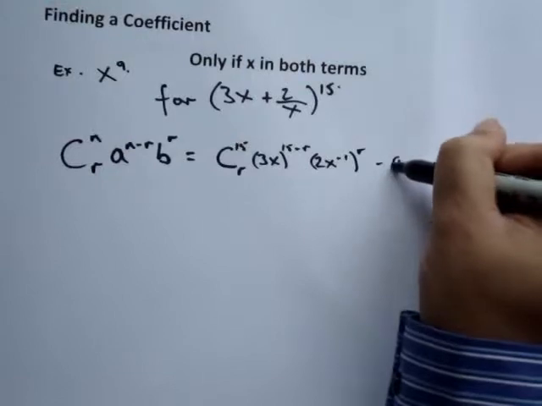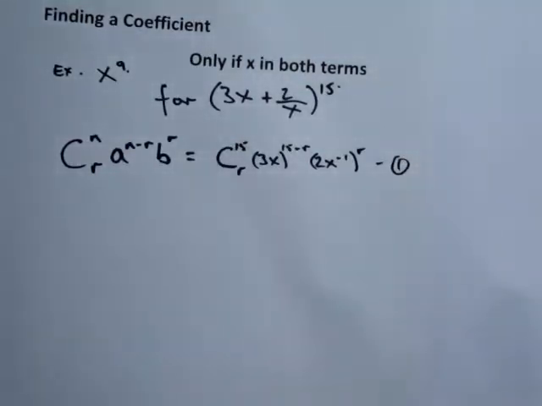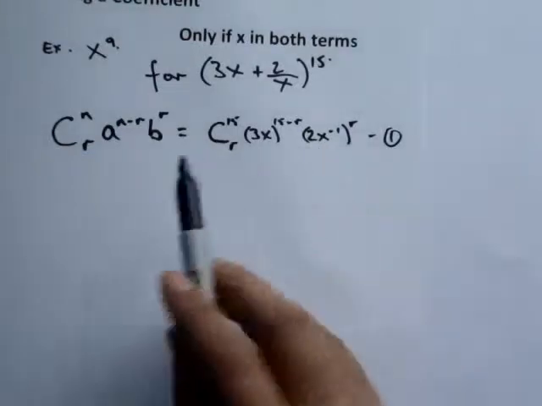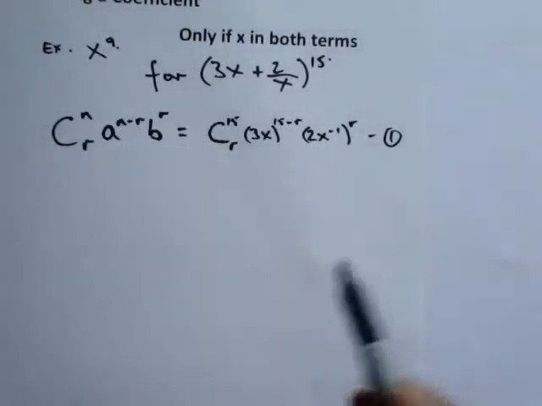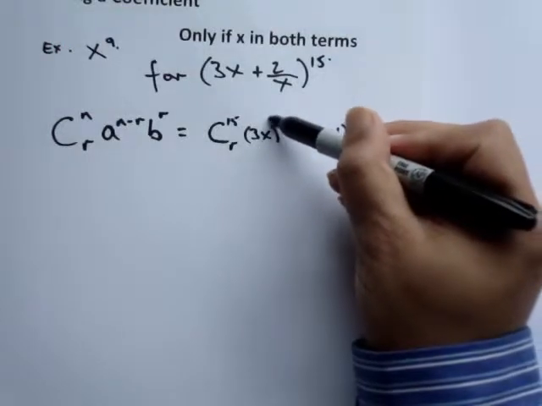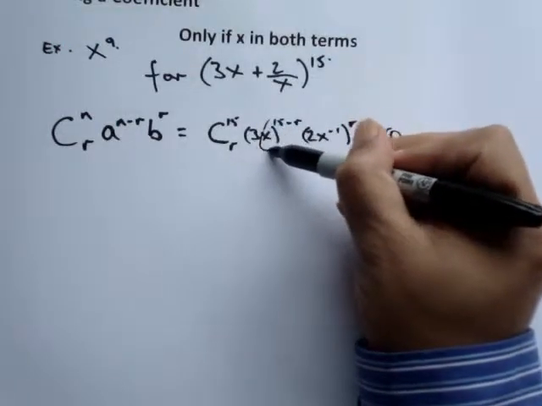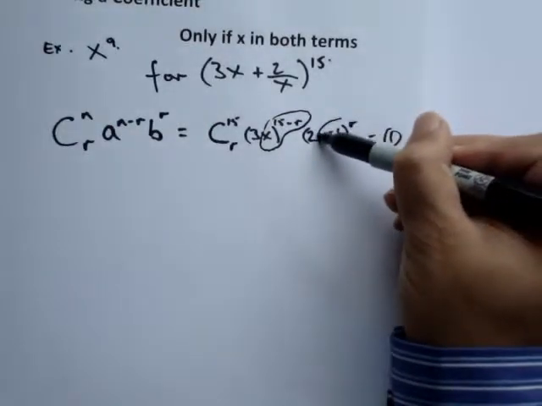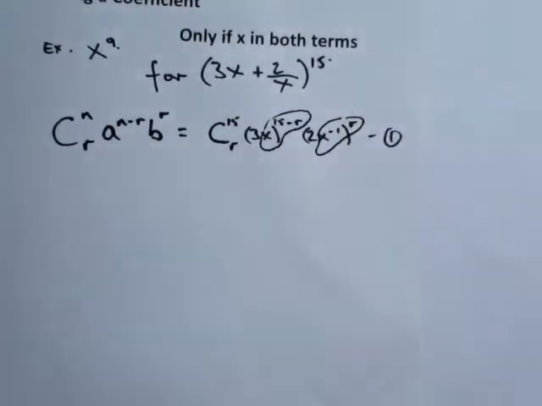Now if you call that our equation 1, we're only interested in the x terms that are going to make x to the power 9, so we're interested in this, and we're interested in this.